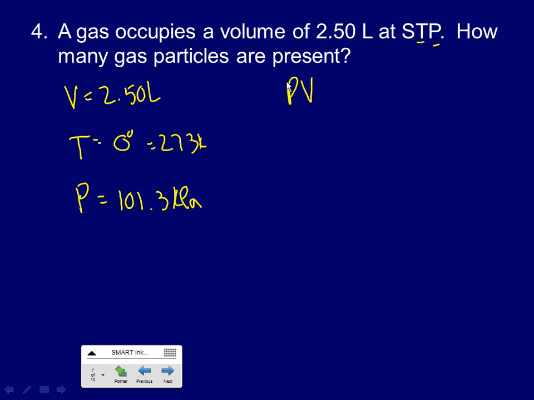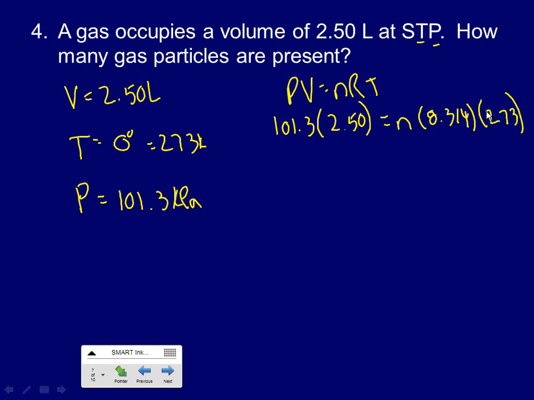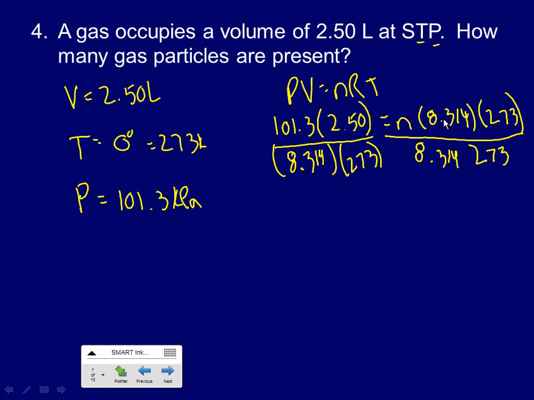Okay, so we're solving. That's an ugly looking n. Looks like an H.